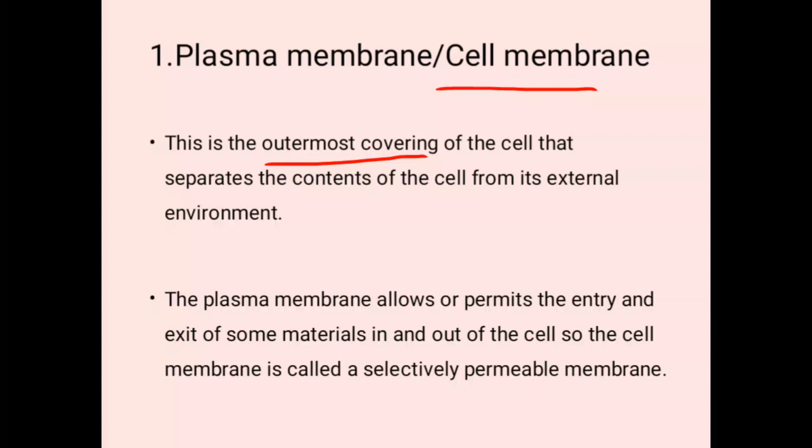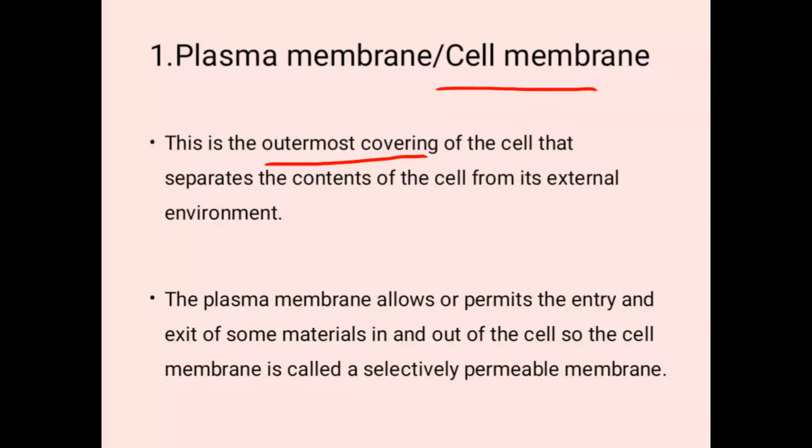Just as we have a door in our room for entry and exit, the plasma membrane functions like a door. With the help of the plasma membrane, substances enter the cell, and substances which are not needed by the cell are removed through this same part, the plasma membrane.